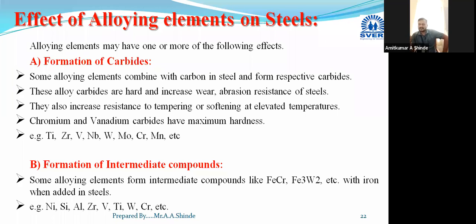Now, some examples I have written here. Generally these intermediate compounds increase the brittleness, meaning the shock resistance ability of that particular steel will get decreased due to this.